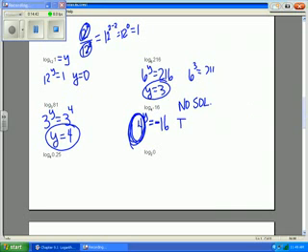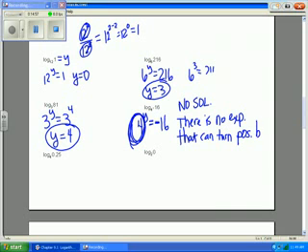And here's the reason. There is no exponent that can turn a positive base into a negative number.